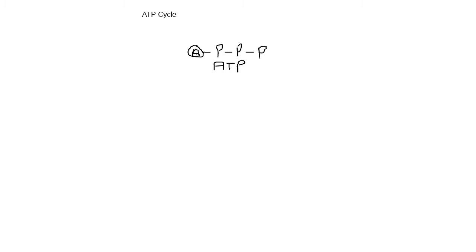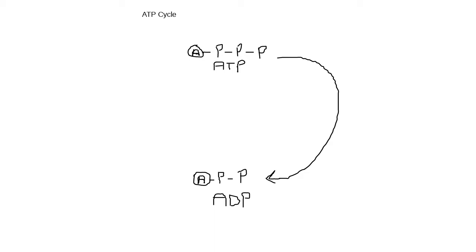And then in order for ATP to become ADP, adenosine diphosphate, which would be an adenine ribose group with two phosphates instead of three. Right? There.